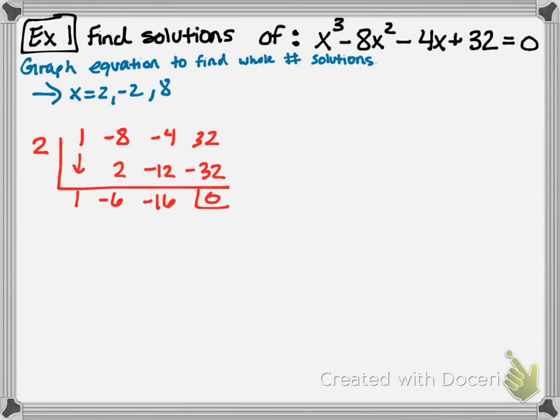If we have a remainder of 0, then that answer is a solution to the equation. So if you have a remainder of 0, then that number 2 is a solution to the equation. So I've proved x equals 2 as an answer because I was left with a remainder of 0.